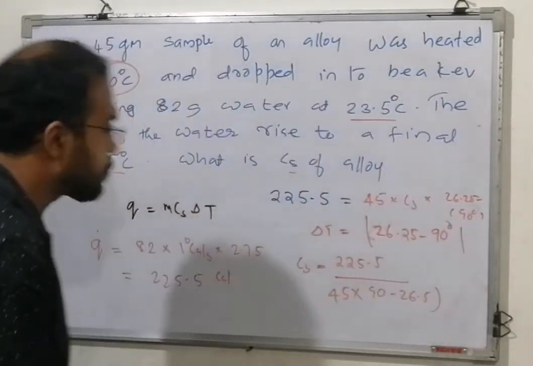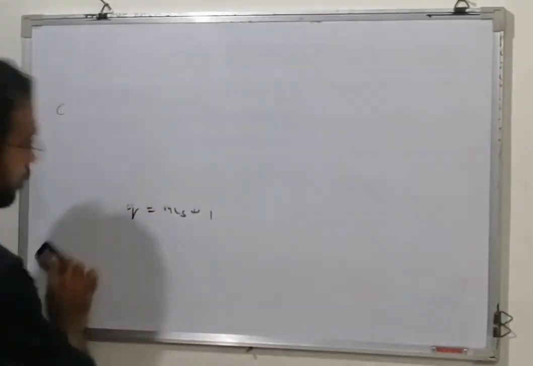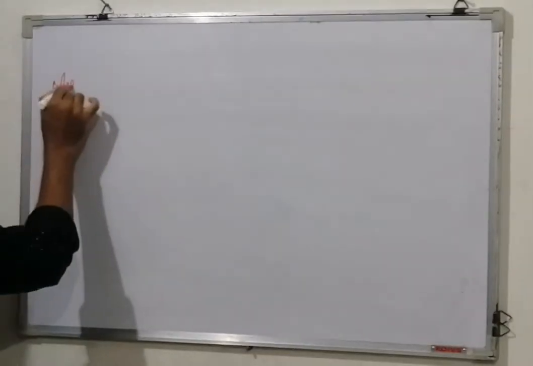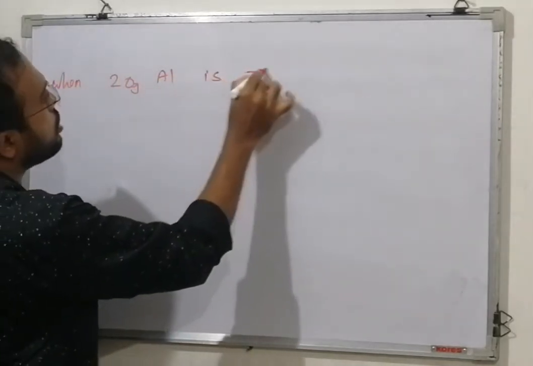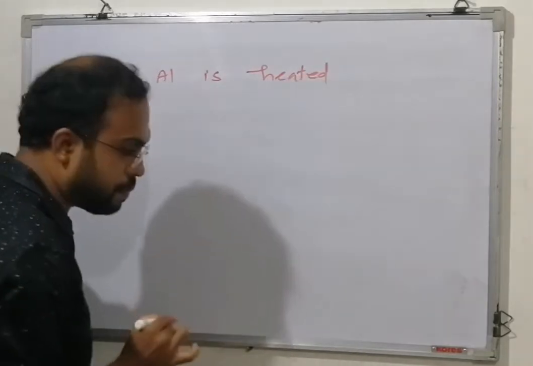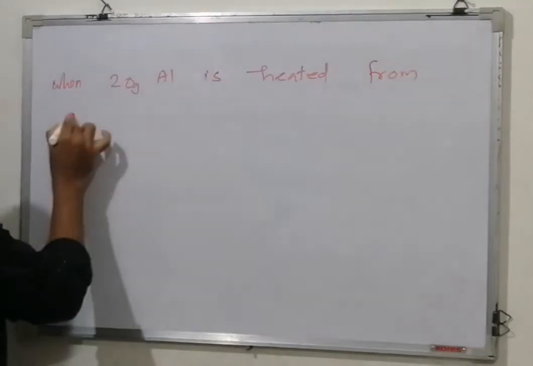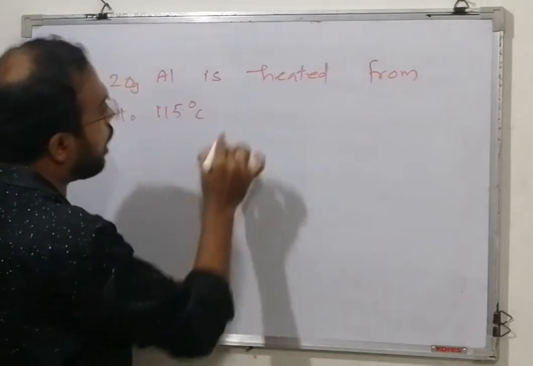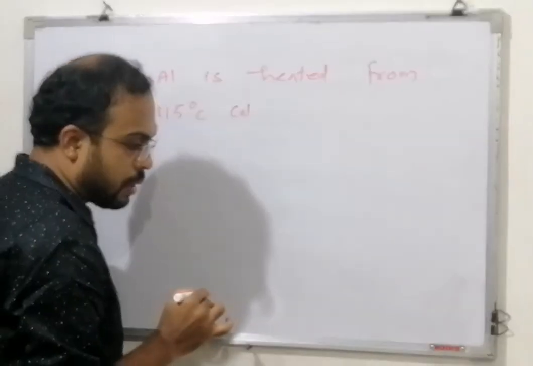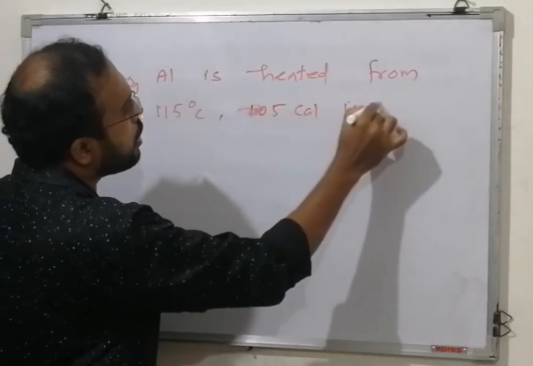Another previous question, an IIT question. Very simple question. When 20 gram aluminium is heated from 90 degrees centigrade to 115 degrees centigrade, 105 calorie is required.